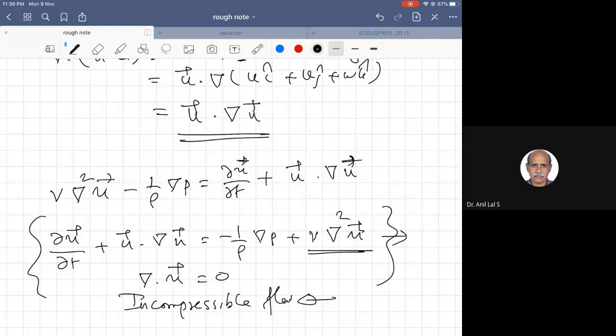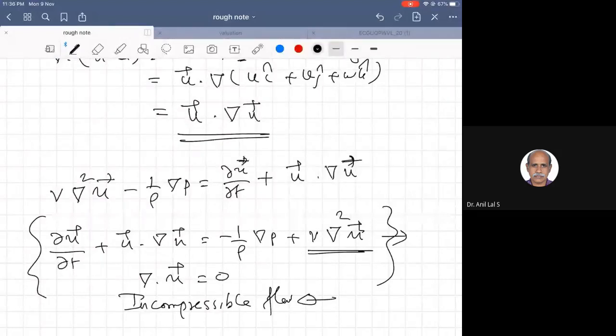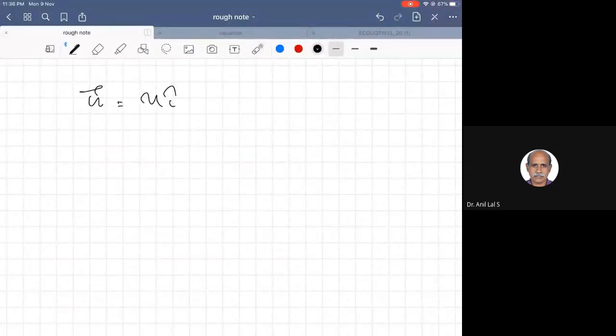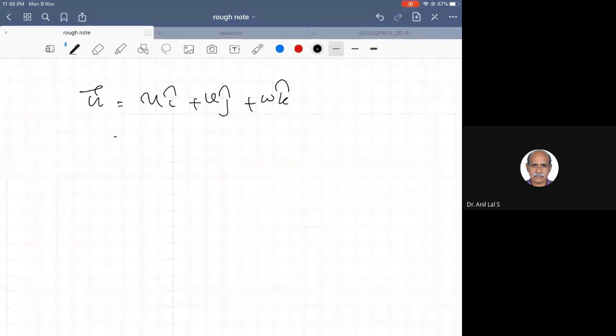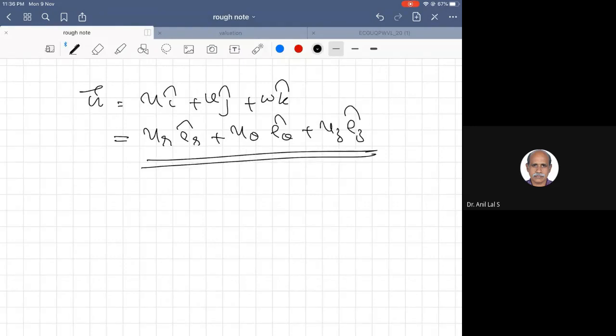Now this is actually a vector form, and it is coordinate free also, because it is in terms of del and vectors. The vector you can write in terms of different coordinate systems, so the components can be different. In Cartesian coordinates, the u vector is ui + vj + wk, whereas in polar cylindrical coordinates we write u = u_r e_r + u_θ e_θ + u_z e_z.